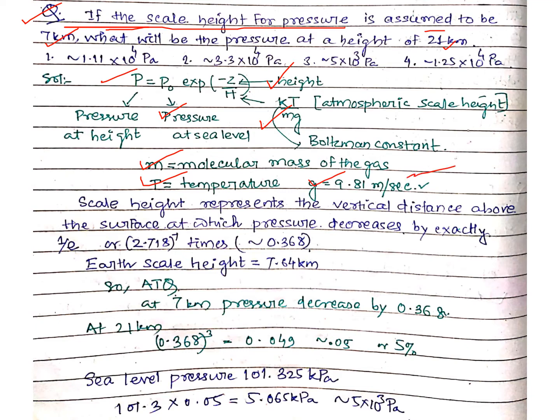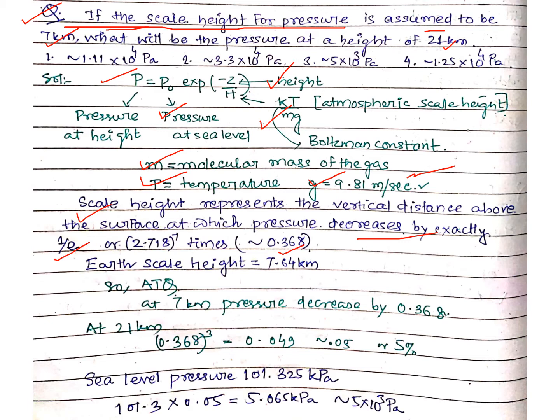The scale height represents the vertical distance above the surface at which the decrease in pressure is exactly 1 upon e. The value of e is 2.718, so e to the power minus 1 gives 0.368.